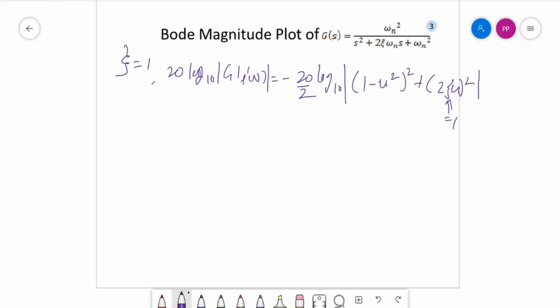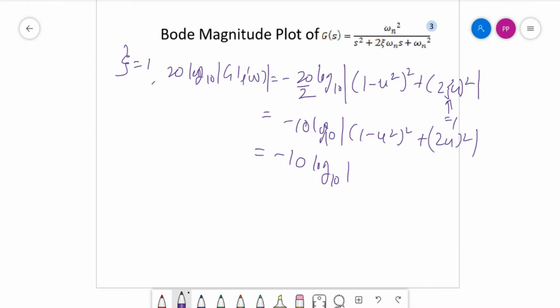So it is modified to minus 10 log mod of 1 minus u square whole square plus 2u whole square. If you simplify it, you will see that it again acquires a square term: 1 minus u to the power 4 minus 2u square plus 4u square.